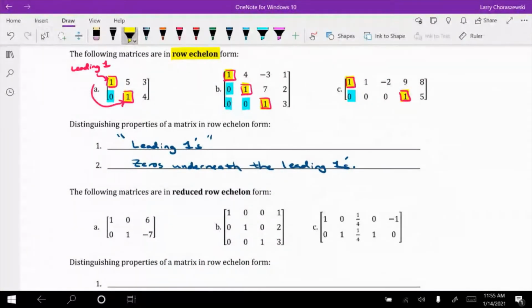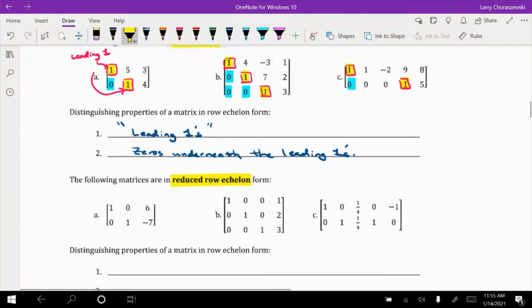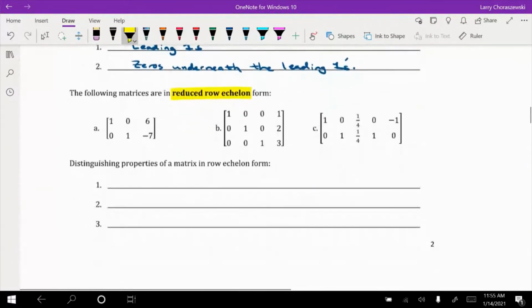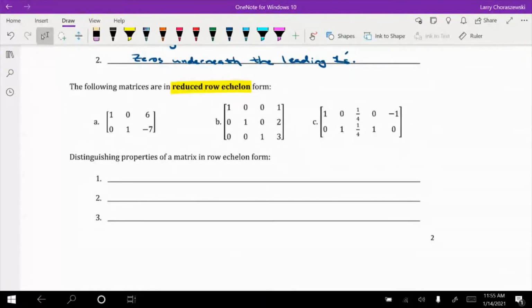Well, there's also a form called reduced row echelon form, RREF for short. And there are some similar characteristics between a reduced row echelon form matrix and a row echelon form matrix, but there's one more distinguishing characteristic for a reduced row echelon form matrix.